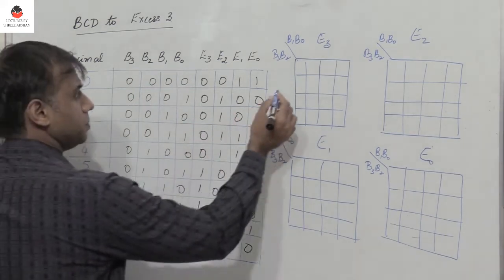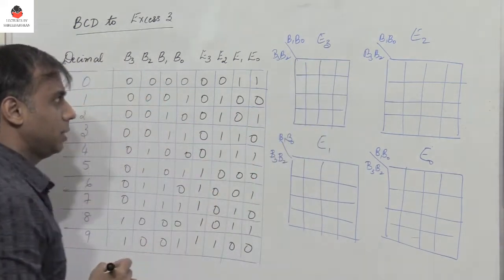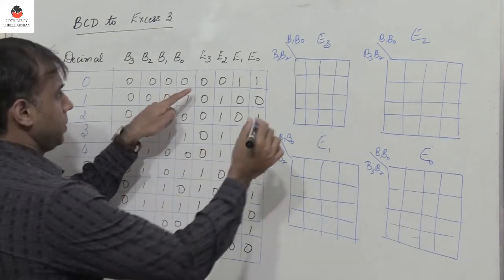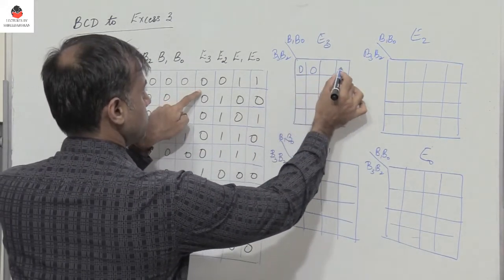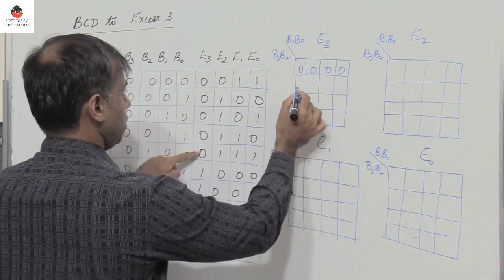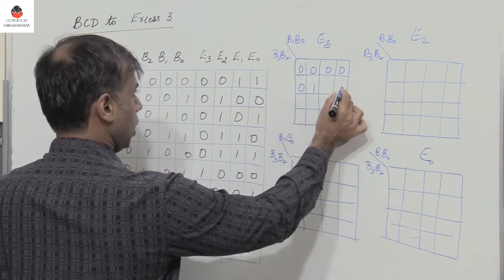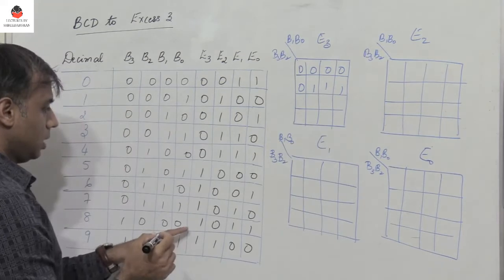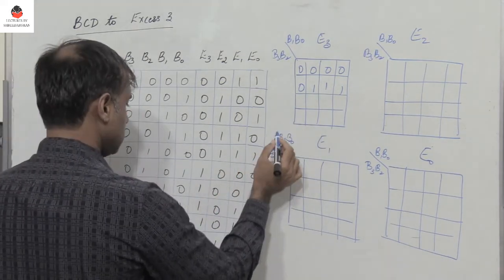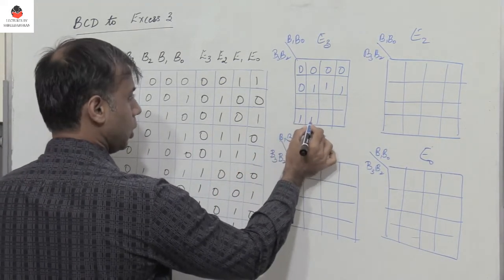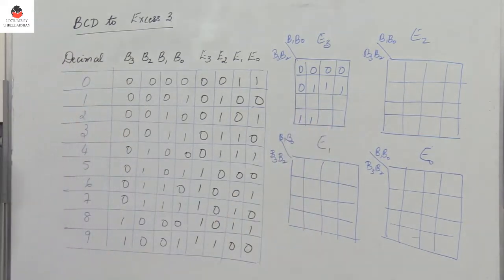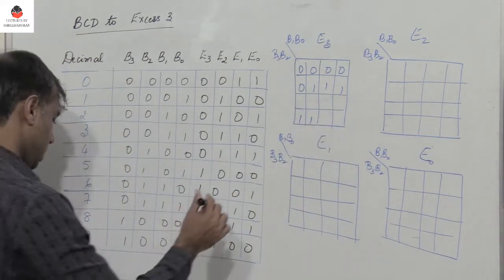So therefore I have a 4-variable K-map. So E3 is 0, 0, 0, 0, and then you have 0, 1, 1, 1, and then you have 1, 1, and all the remaining we consider them as don't care.